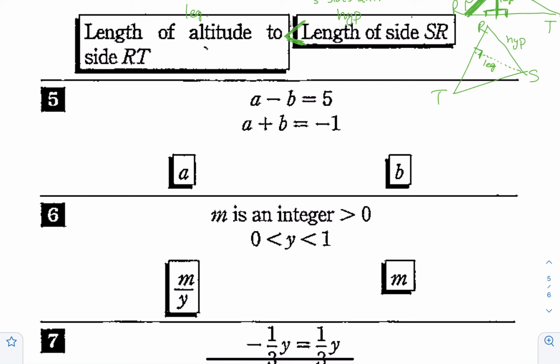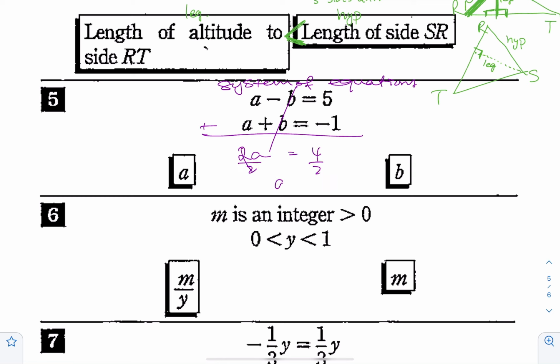Next, for number 5, you have a minus b is equal to 5. Then a plus b is equal to negative 1. Here you can solve the system of equations. You can solve this because it's set up for elimination. If you just add the equations together, negative b and positive b cancel out. You get 2a is equal to 4.